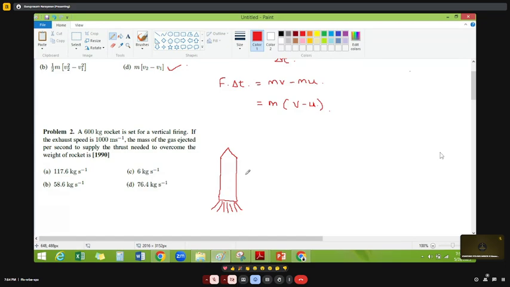You know that the rocket is going upwards with the F thrust, and the weight of the rocket is pulling it downwards, mg. The acceleration is upwards, right? This is the exhaust gas coming out.